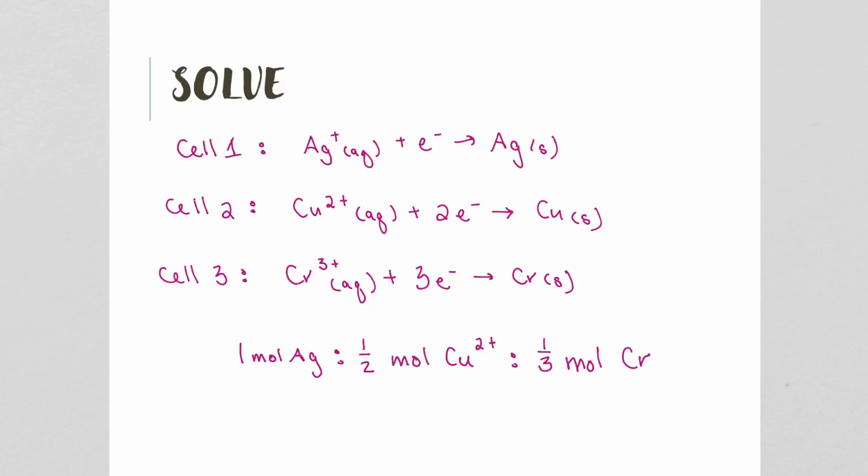It's because you need 3 times the number of electrons to reduce the chromium. If we only have 1 electron on the first one, you need 2 for the next one, so you'd only get half the number of moles of copper 2+, and you would only get 1/3 of the number of moles of chromium.